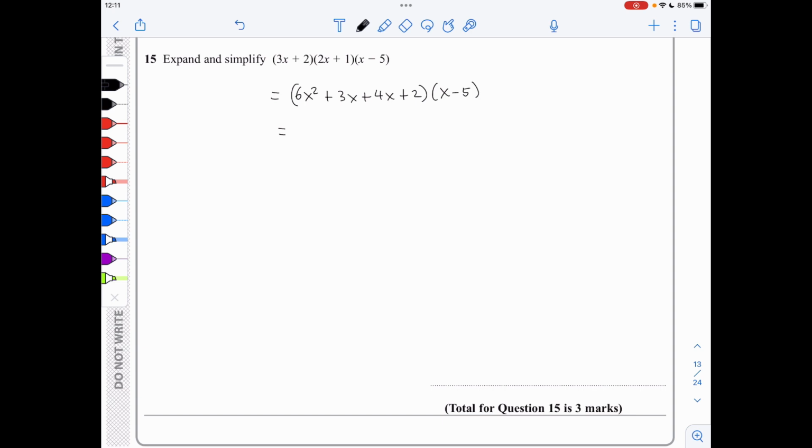I will collect the like terms in the first bracket, so 6x squared plus 7x plus 2, close brackets, x minus 5, and then a further expansion to give me 6x cubed minus 30x squared plus 7x squared minus 35x plus 2x minus 10, and the last thing to be done is to collect like terms together. So we've got 6x cubed minus 23x squared minus 33x minus 10.